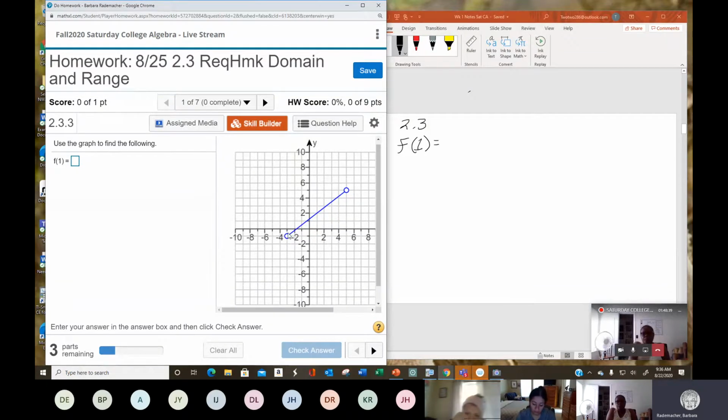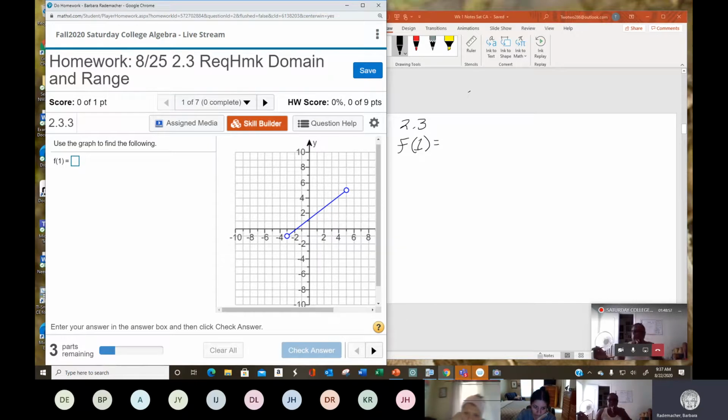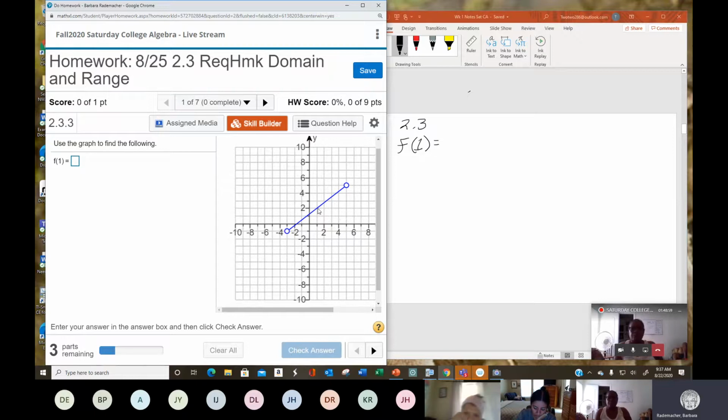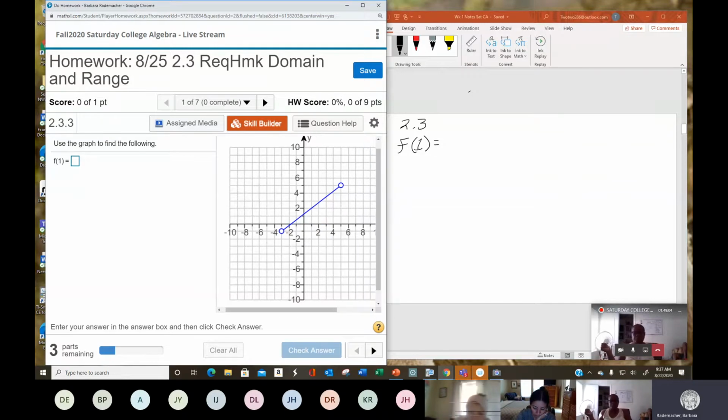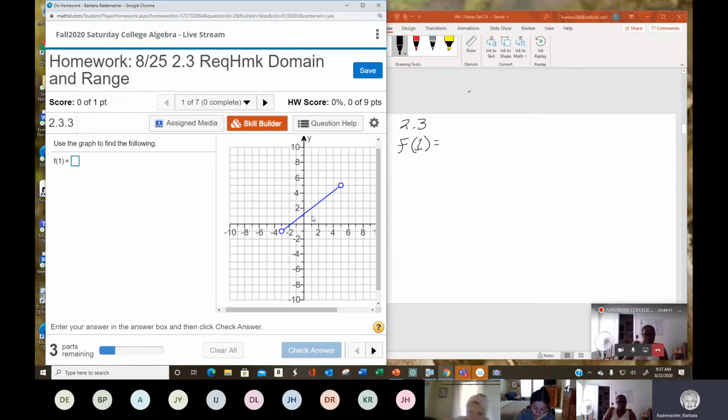This graph is the actual function, and it pulls up this 1 from the x-axis. I go up from the x-axis until I touch the graph, and then I head over to the y-axis and it lands me at 2. So f of 1 is 2.